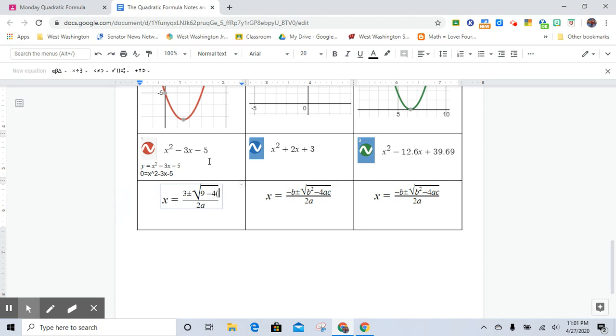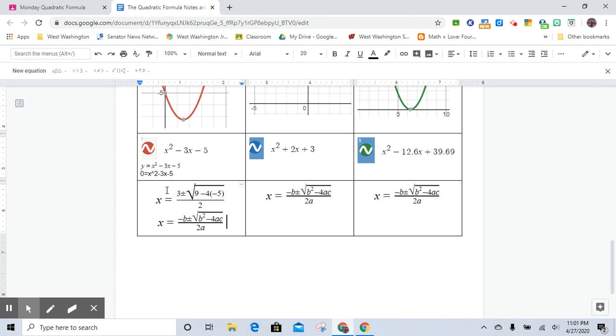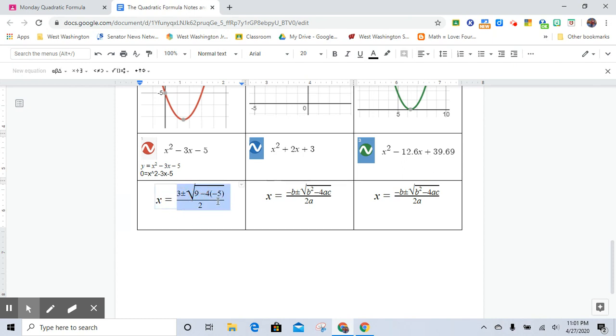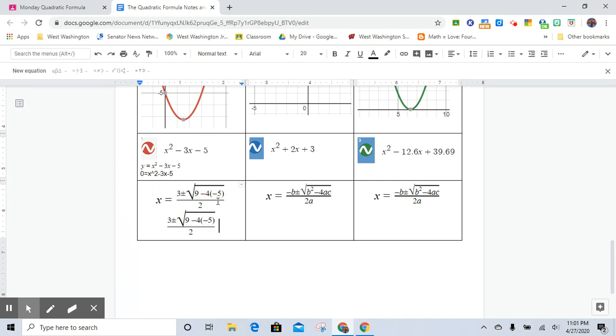And C is -5. And then again, A is just 1, and so in this case I can just knock that off. And again, I'm going to copy and paste it because that makes this go a lot more smoothly.